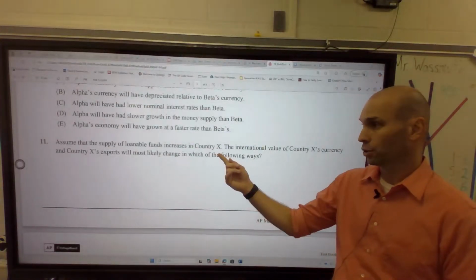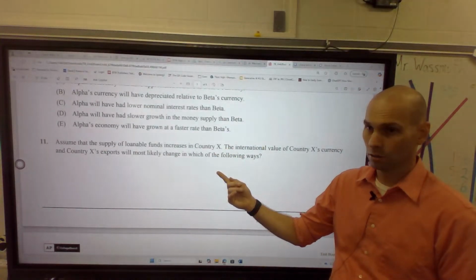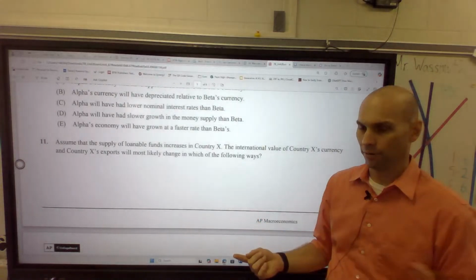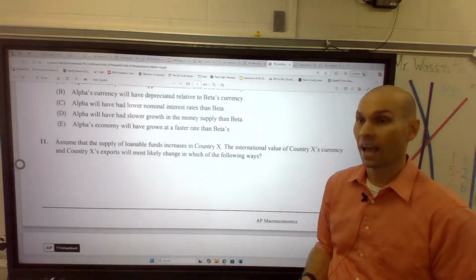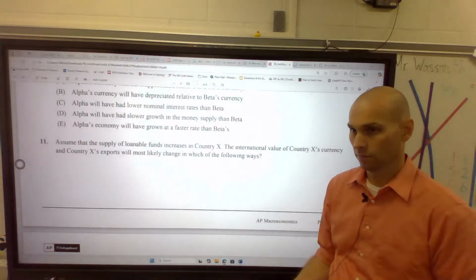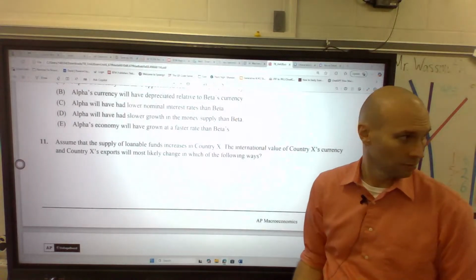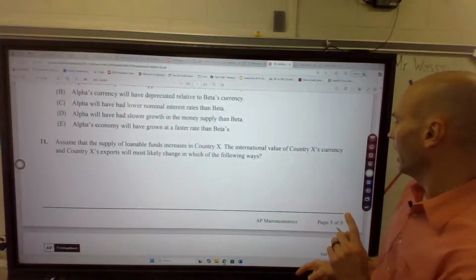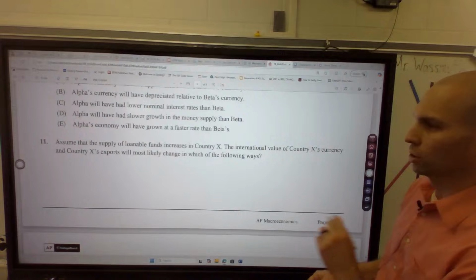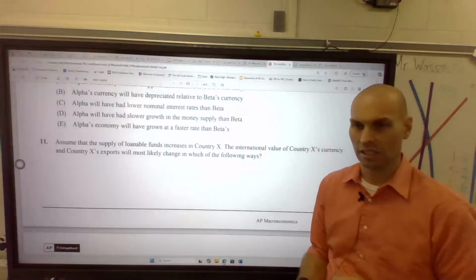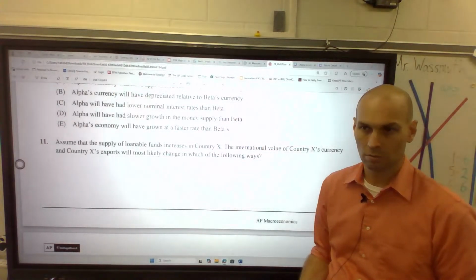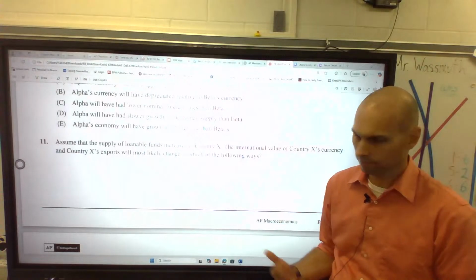If interest rates in country X fall, will they have inflows or outflows? Outflows, so their currency will depreciate. Good. And what's going to happen to exports if their currency depreciates? Their exports will increase, imports decrease. There you go.